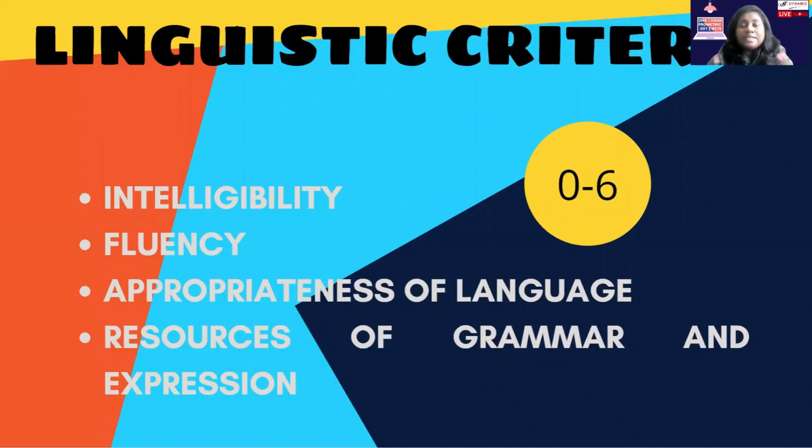From the word linguistic, it is clear that it is based on language. Under linguistic criteria there are four criteria: first is intelligibility, then fluency, appropriateness of language, and resources of grammar and expression. These four criteria are scored from 0 to 6. Based on that, you get a score out of 500, and based on that, you will get a grade.